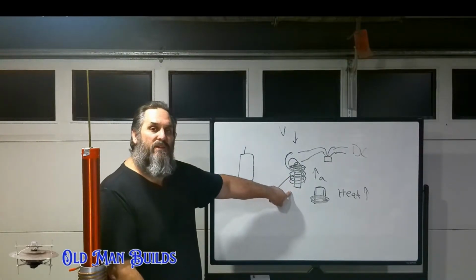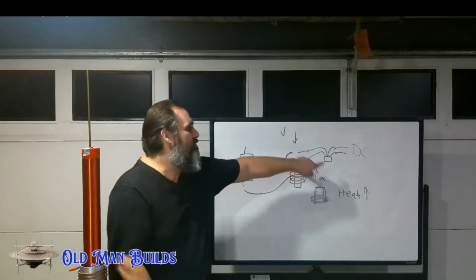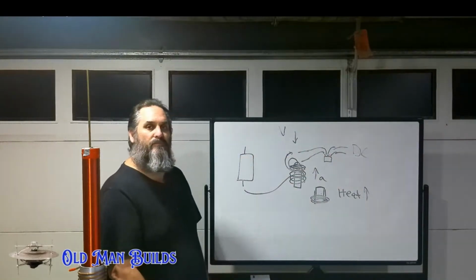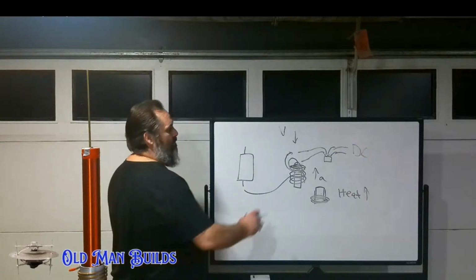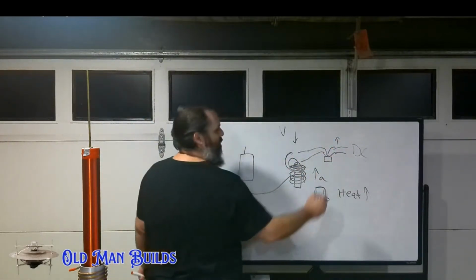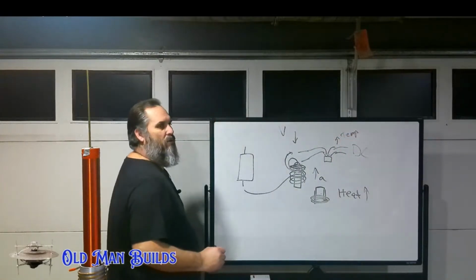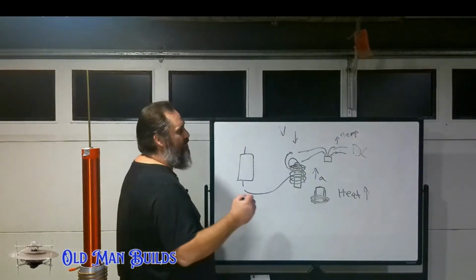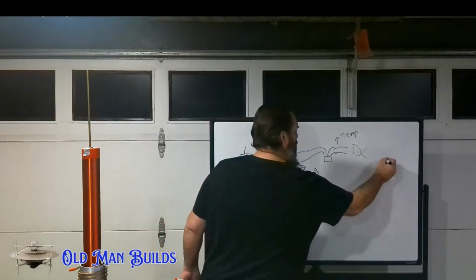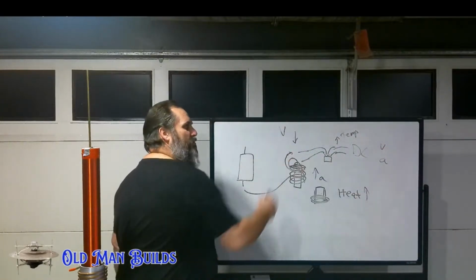Now that I know I'm in DC energy and it's a flyback energy, all I have to do is convert. This right here will heat up even more. What does it do? It gives you more amperage and less volts, but it's a conversion.